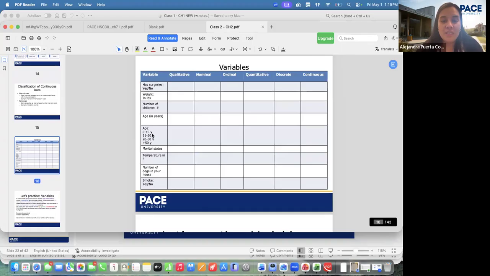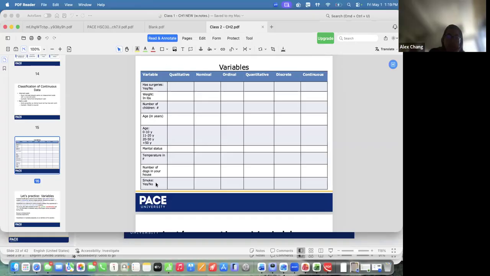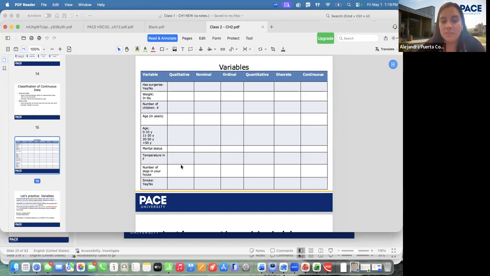Okay, let's practice. Marital status. What is marital status? Nominal. Yeah, qualitative nominal. There's no order to it, right? What comes first, single or married? You cannot tell, right? But if I do age in categories, 0 to 10, 11 to 20, 21 to 50, more than 50.